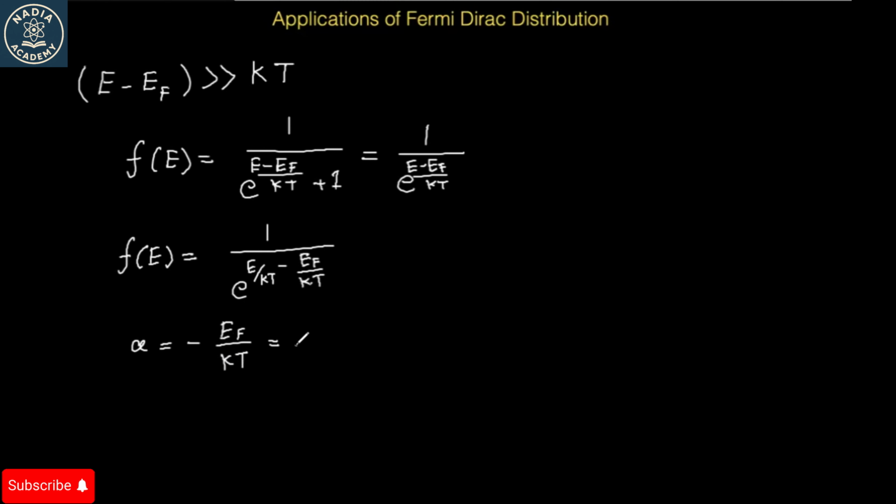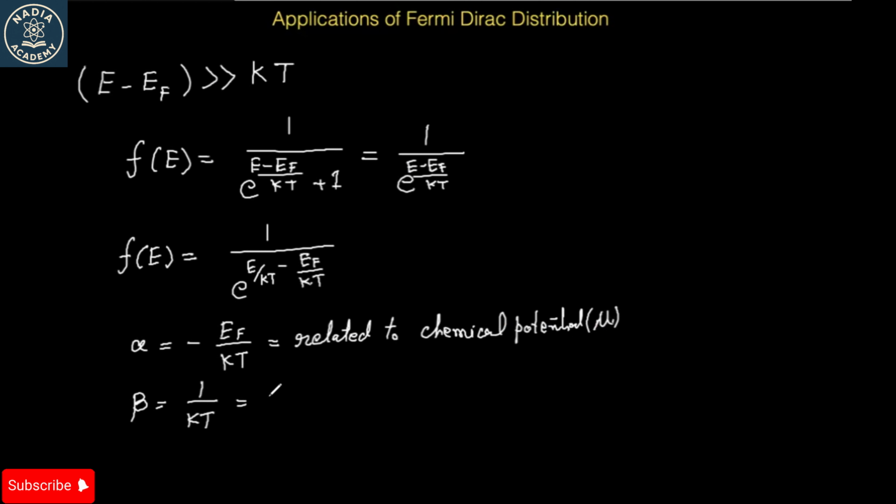So this is in fact related to the chemical potential. So you can also write it as mu, which is the chemical potential, and beta, which is equal to 1 over kT. So what is it? It is simply the inverse of the thermal energy.